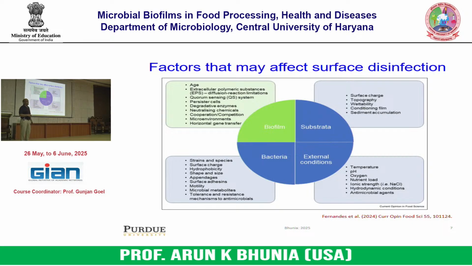I didn't want to manipulate it. But just trying to give you an idea of what factors affect disinfectant. Disinfectant may not work, so pay attention to this. Degradative enzymes, neutralizing chemicals, microenvironments, horizontal gene transfer. So everything we talked about regarding biofilm characteristics, all of those factors can affect the efficacy of disinfectants.